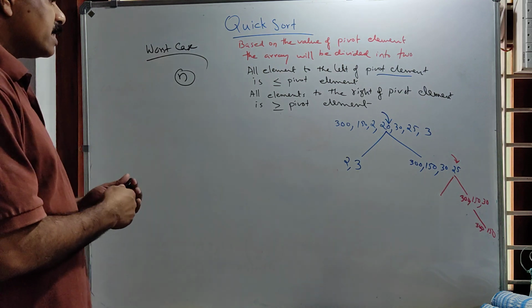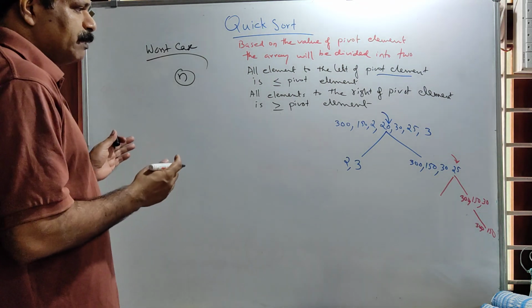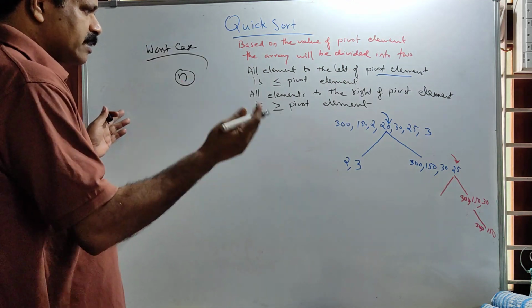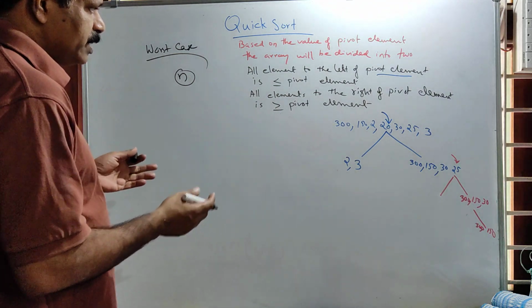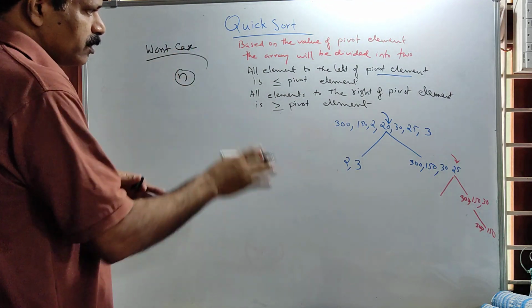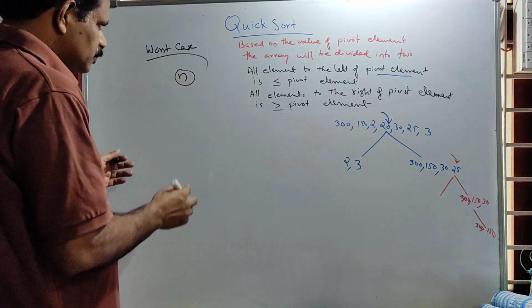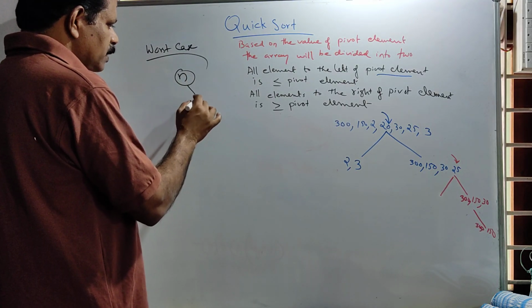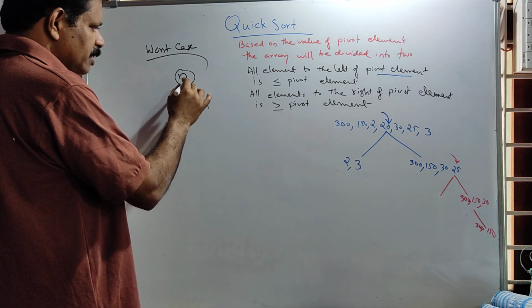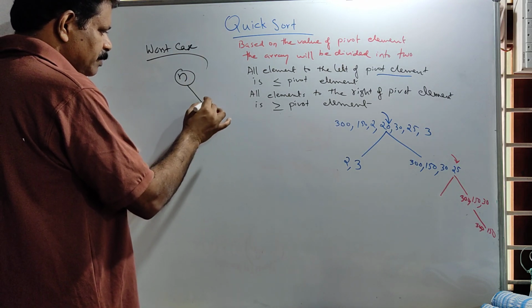So in the worst case, we will be picking the smallest element or the highest element as the pivot element. Then the elements will be gathered on the left or right subtree. Suppose this happens: place the pivot element in the right position, then remaining n minus 1 elements.